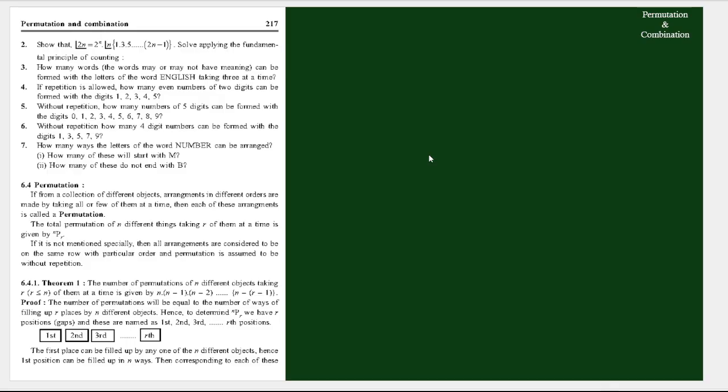If it is not mentioned in the question, then you assume that repetition is not allowed; if it is specifically mentioned, then it says repetition is allowed. If repetition is allowed, how many even numbers of two digits can be formed with the digits 1, 2, 3, 4, 5?